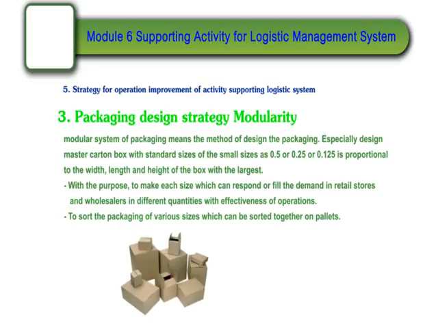Especially designed master carton box with standard sizes of the small sizes as 0.5 or 0.25 or 0.125 proportional to the width, length, and height of the box with the largest size, with the purpose to make each size able to respond to or fill the demand in retail stores and wholesalers in different quantities with effectiveness of operations, and to sort the packaging of various sizes which can be sorted together on pallets.